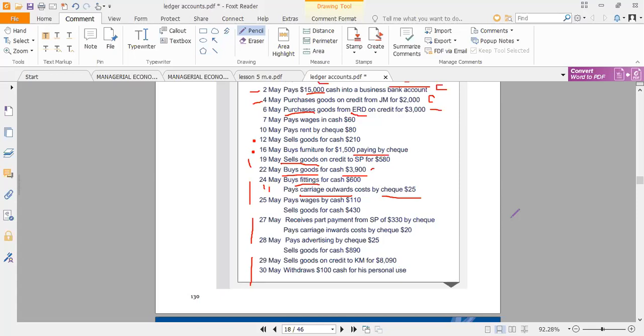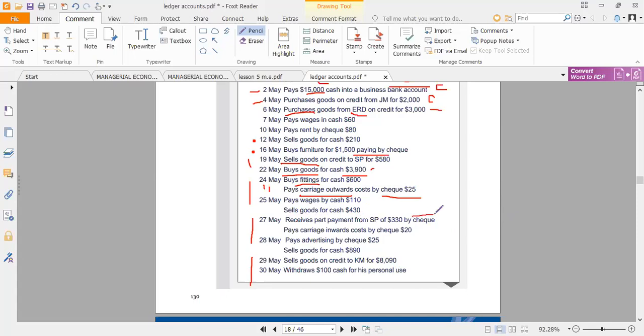What do we do? So we received part payment from SP 330 by check.